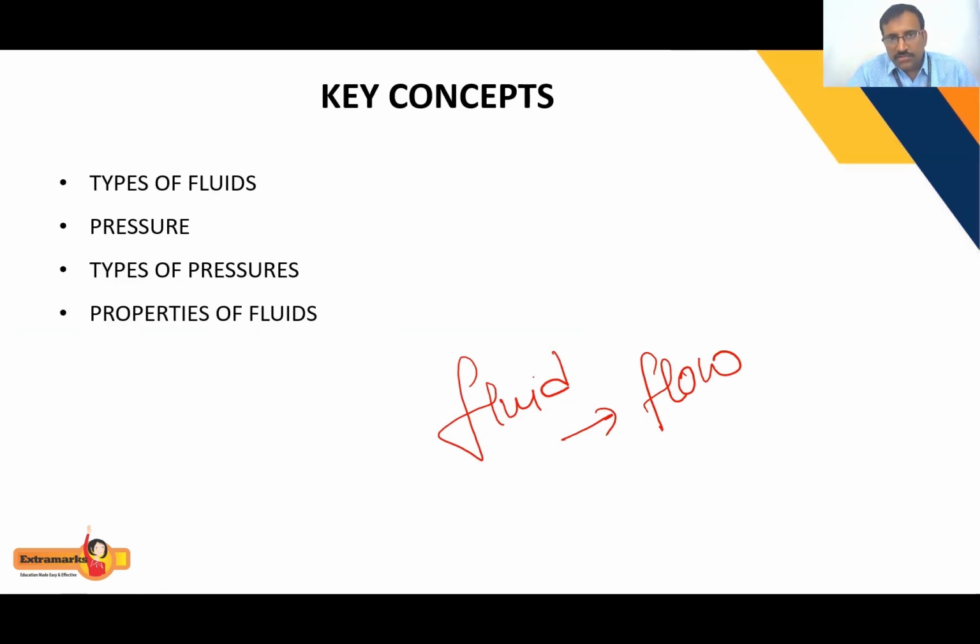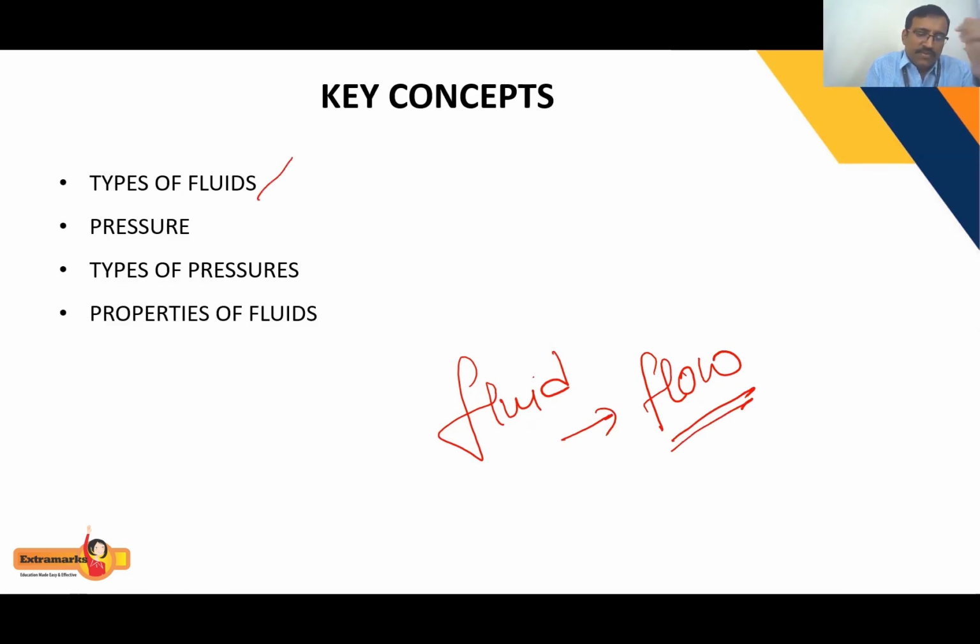No, gas can also be included in the types of fluids, because it is a substance which can flow, and solid will not flow. Solid can roll, solid can move, but it will not flow. So solid won't be included in the fluid type. But gas and liquid like water will flow from one place to another place. Such types of substances are called fluids.